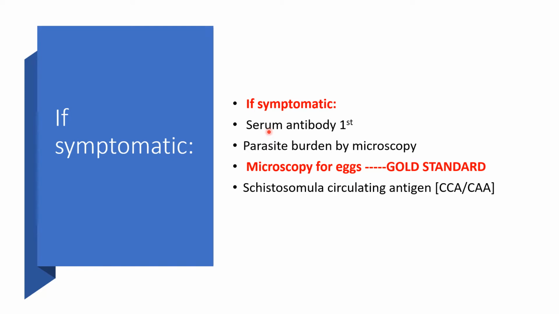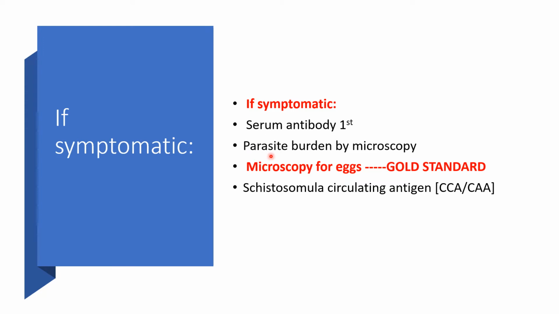When the antigen antibody reaction is ongoing, that is when we will have signs and symptoms. And that is the reason in symptomatic patients, the first thing to do is serum antibody, because we will not have symptoms without host immune system responding to the antigens already produced.